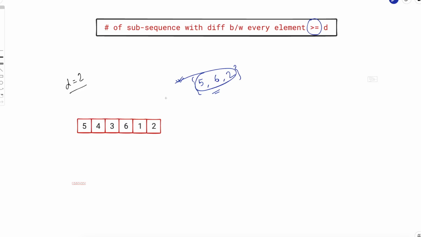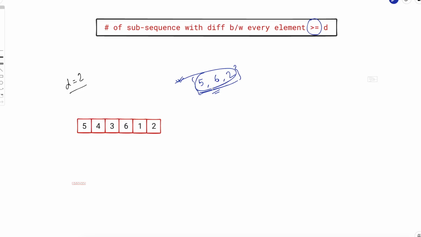To repeat, we want the number of subsequences where the difference between every pair of elements is greater than or equal to d. We got to this state because we don't want to iterate over every subsequence. But to understand whether a subsequence is good or bad, we need to enumerate all its elements, so we have to enumerate all subsequences at the end. What we were trying to avoid, we have to do now, so there is no advantage here.